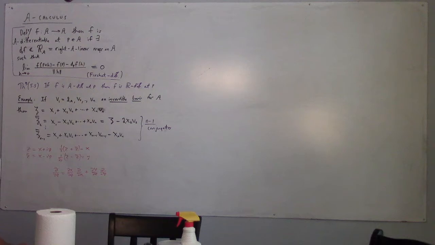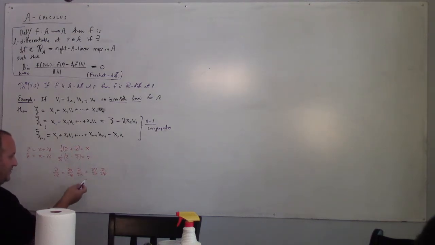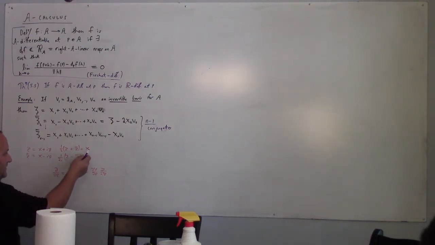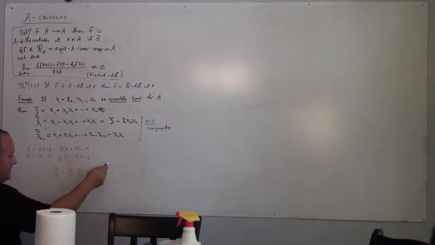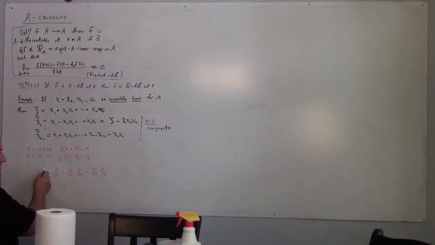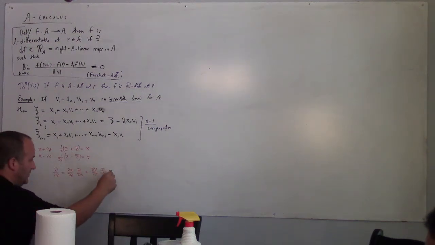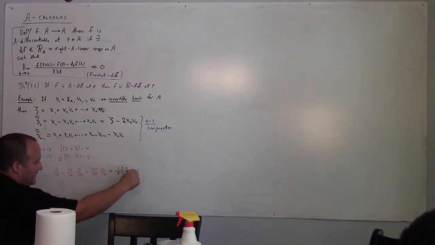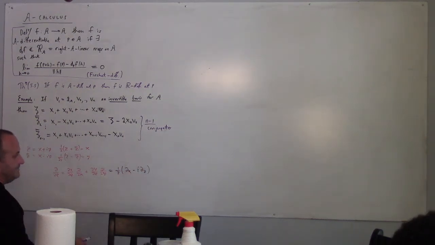But again, as I told you, this is not legitimate. This is formal, quote unquote, formal mathematics because this is not really a chain rule. I'm just giving you a heuristic for how I remember the rule. And so partial x, partial z would seem to be a half, partial y, partial z would seem to be 1 over 2i, which is minus i over 2. So that's 1/2 partial x minus i partial y, right?